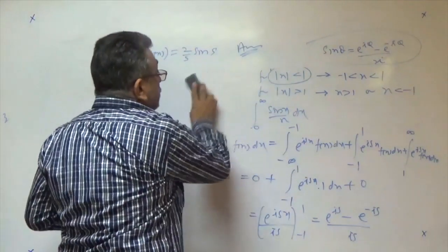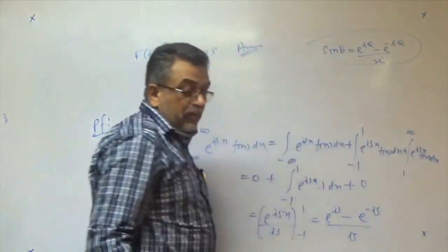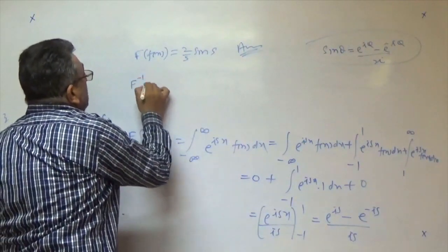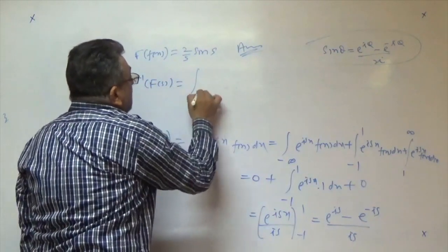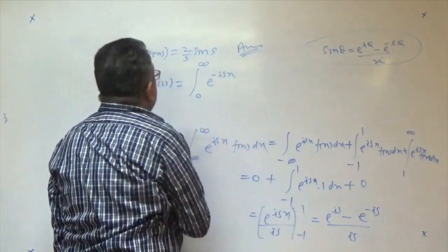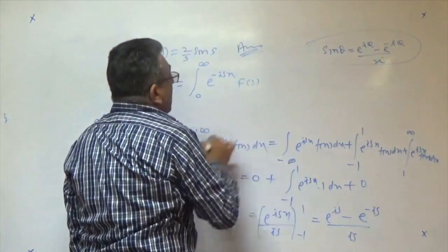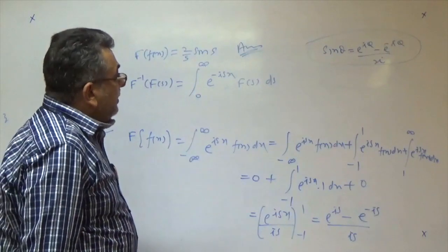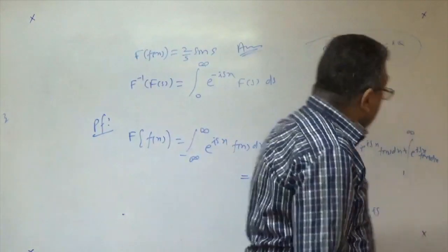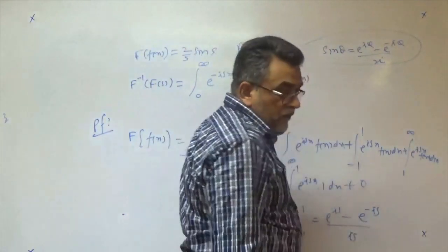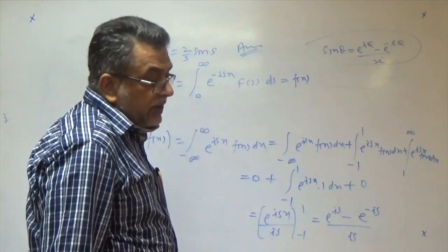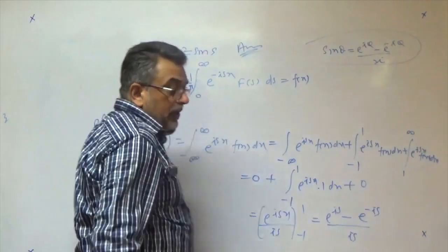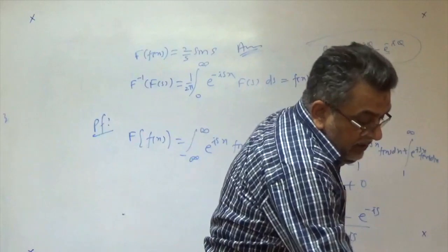This integral can also be evaluated with the help of the inverse Fourier transform, because we know that the inverse Fourier transform gives f(x) as the integral of e to the power minus isx times F(s) ds. In the inverse formula there is also a factor 1 upon 2 pi, which we take for the normalization.